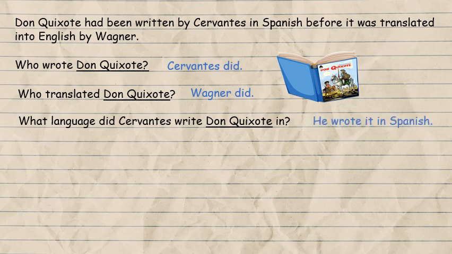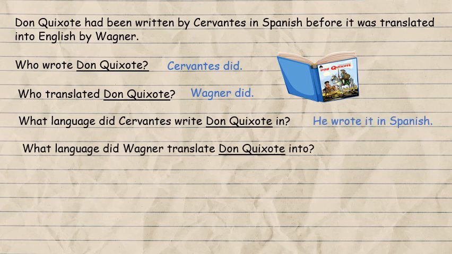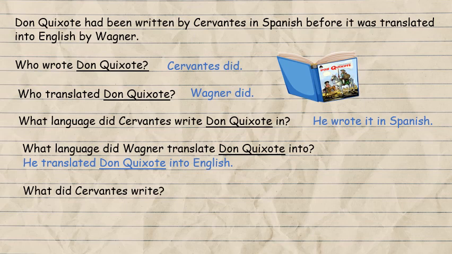He wrote it in Spanish. What language did Wagner translate Don Quixote into? He translated Don Quixote into English. What did Cervantes write? He wrote Don Quixote.